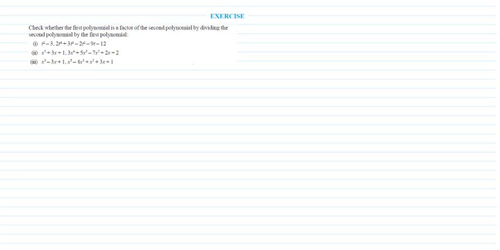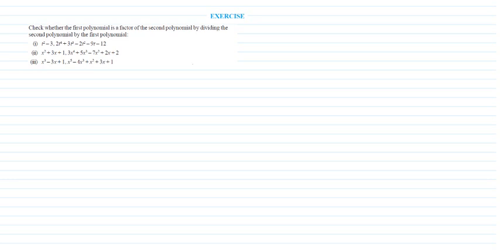The highest power of t is 2 in the divisor, and in the dividend it is 4. So we'll multiply that by 2t square in the quotient. So we'll have 2t to the power 4 minus 6t square.